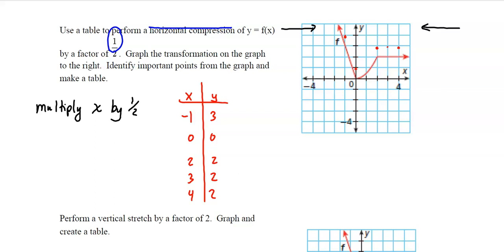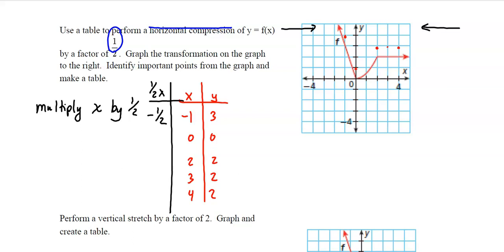All right? So let's compress it. Let's smash it in by a factor of 1/2. So if I make my new chart, my y's are going to stay the same, but all of these x's right here, I'll just write it right next to it, all of these x's are going to get times by 1/2. So a -1 times 1/2 is that number.